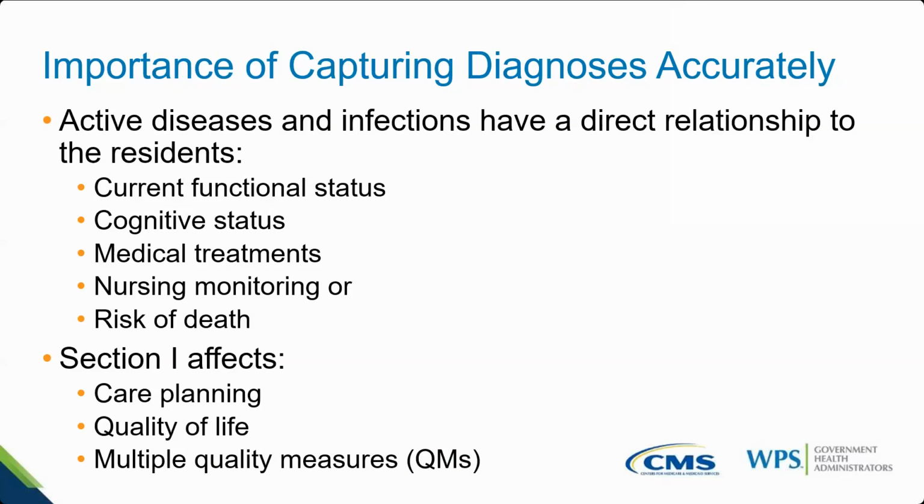Active diseases and infections have a direct relationship, as we said before, on the resident's current functional status, cognitive status, mood or behavior status, medical treatments, nursing monitoring, or even risk of death. The direct relationship means that Section I affects your care planning, patient's quality of life, and even multiple quality measures.